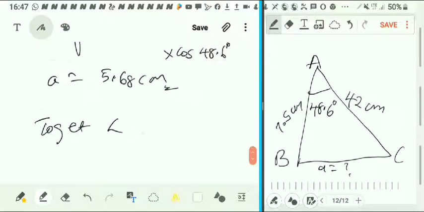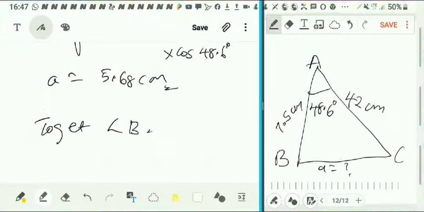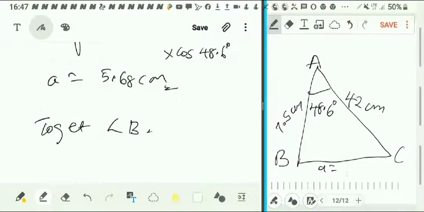So to get angle B, we can use the sine rule now. We've gotten a as 5.68.